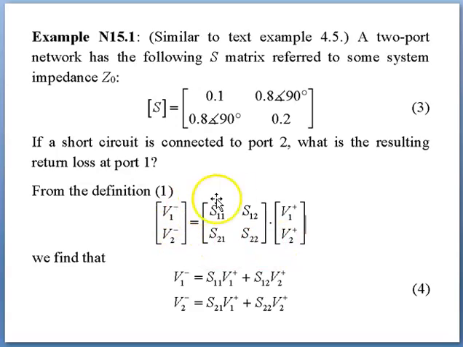So from this matrix, you will have an equation of V1 minus equal to S11 times V1 plus plus S12 times V2 plus. And for V2 minus, you will have S21 times V1 plus plus S22 times V2 plus.